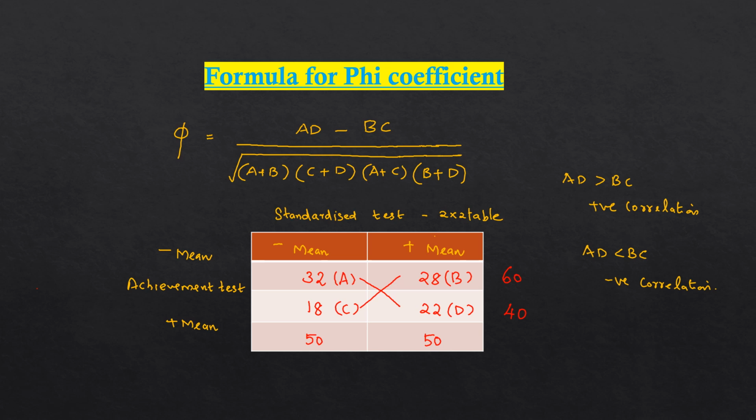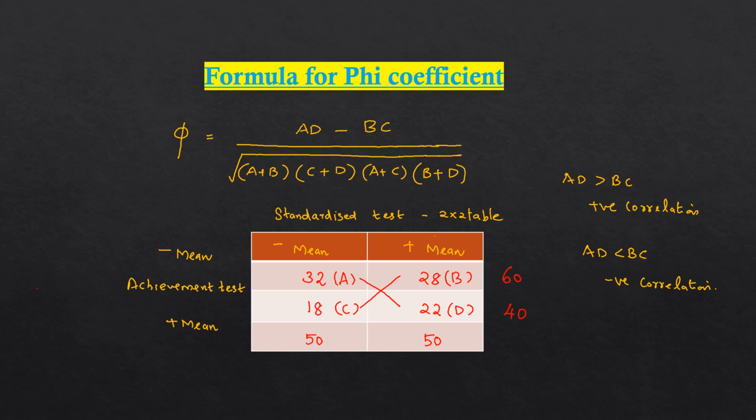Here we have to take a criterion. I have taken the mean of the scores, and the scores below the mean as well as the scores above the mean. Minus mean represents how many scores are below the mean score, and plus mean represents the total number of scores above the mean.